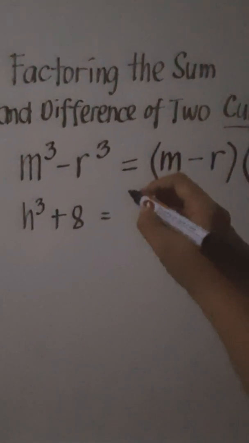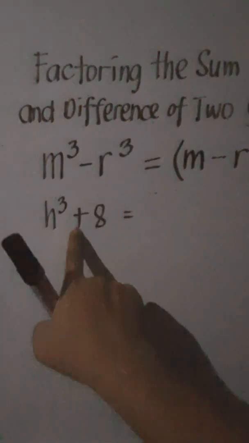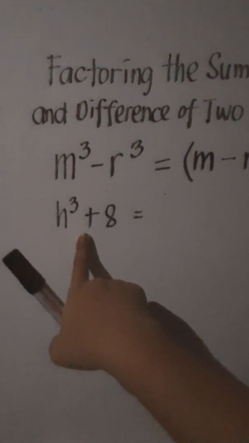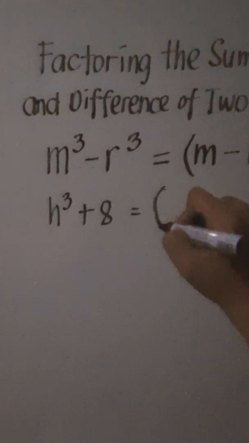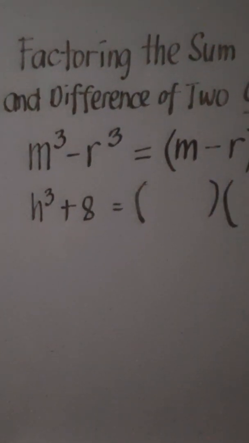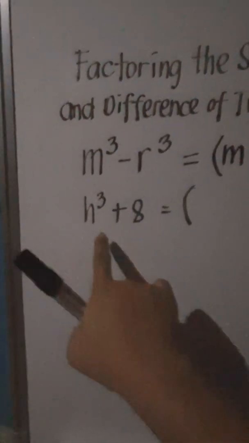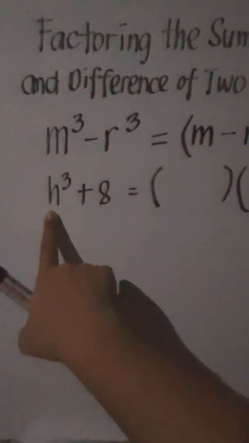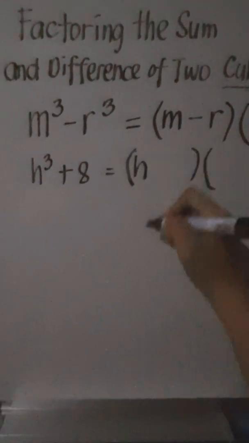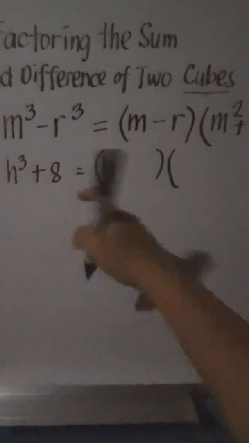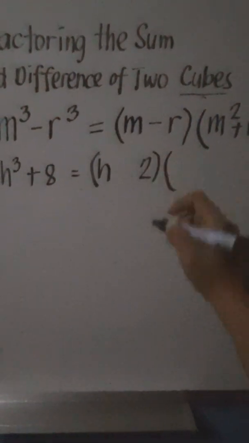So, pwede nato ni ma-factor using the sum, kay plus man ang sign dire, the sum of 2 cubes. So, let us try to factor. To factor, tanaw na to ang cube root ni h cube. The cube root of h cube is h. The cube root of 8 is 2.